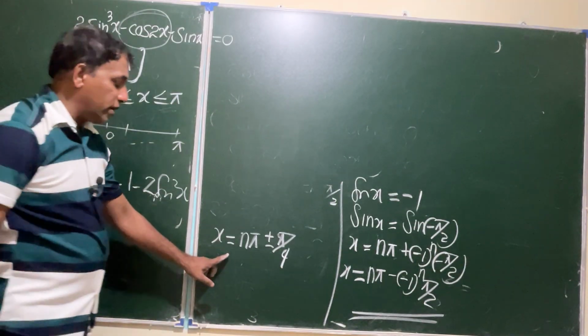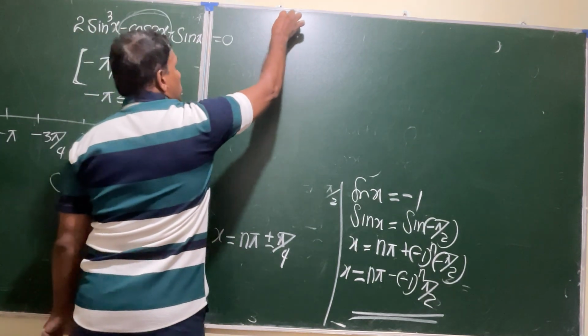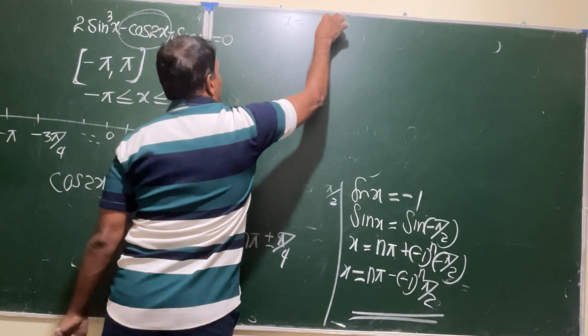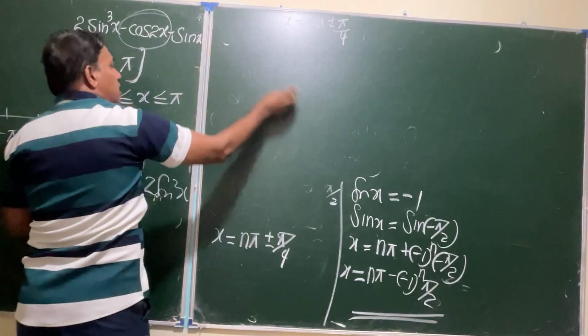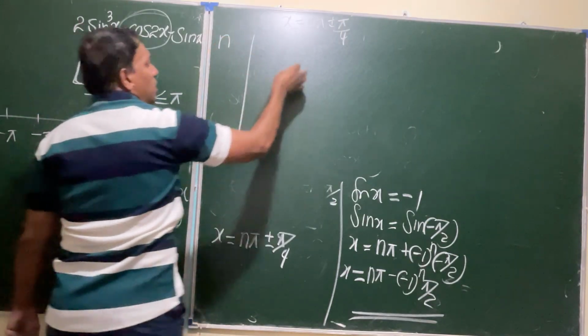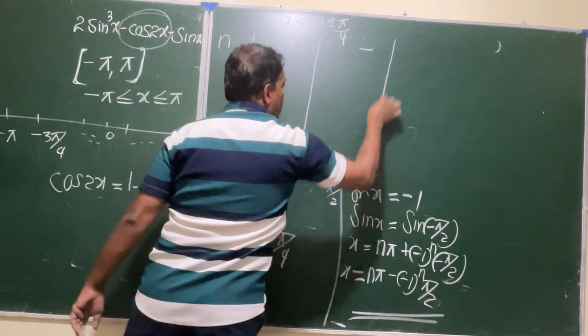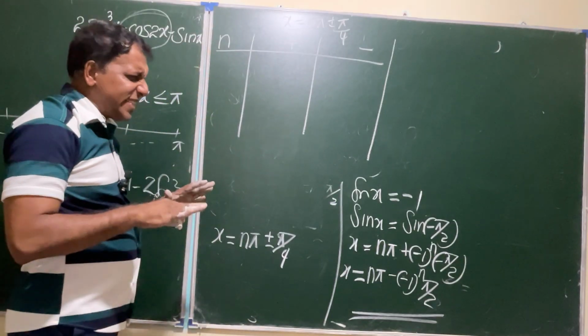Come back to this one: x equal n pi plus or minus pi by 4. See what the answers are. If I take the first n value, take the positive, get values, take the negative, get values. I'll show a couple of the full detailed solutions.